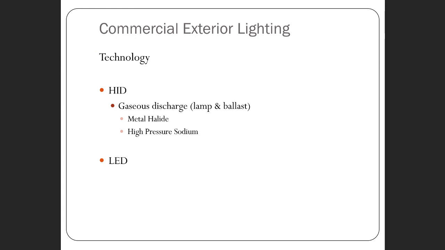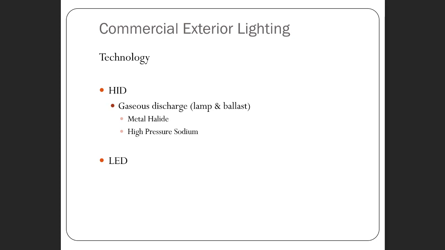Okay, so that's the inside lighting in a typical commercial building. So let's talk a little bit about what is outside, what's illuminating the parking lots or the exterior. Generally, we'll have two different types of technology for commercial exterior lighting. We might have HID or high intensity discharge.